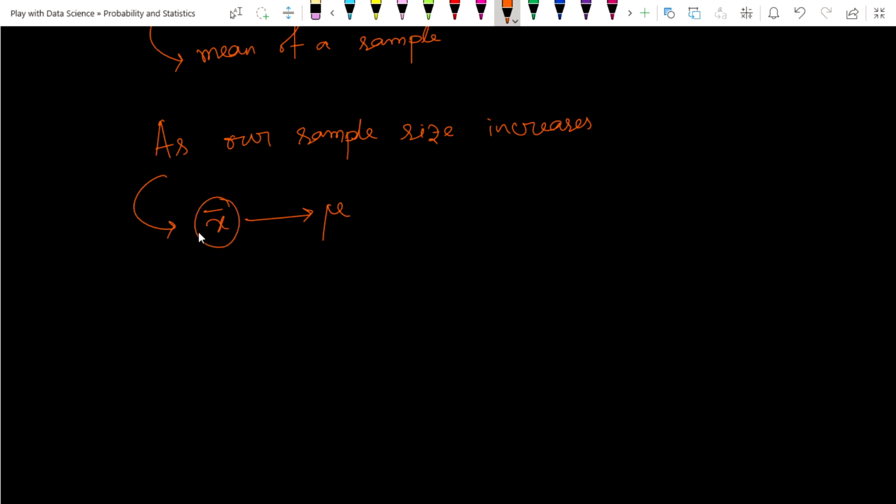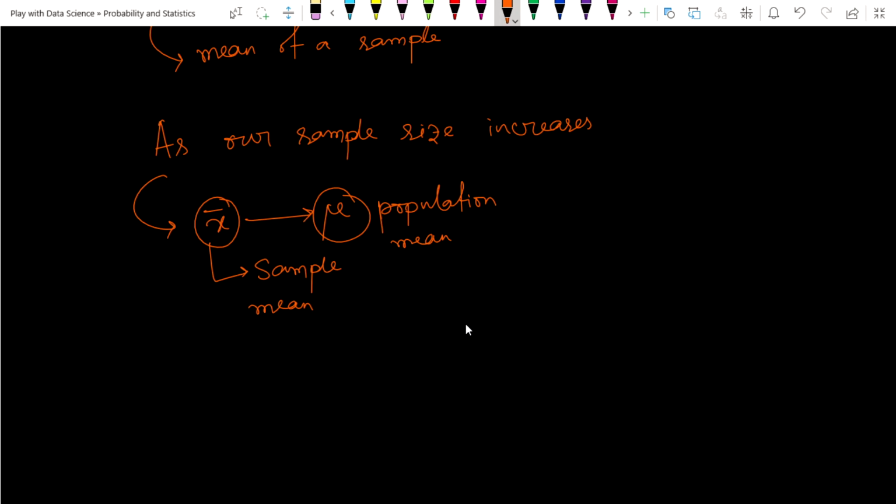This is the sample mean, and this is the population mean. If we increase our sample size, then our sample mean tends to our population mean.